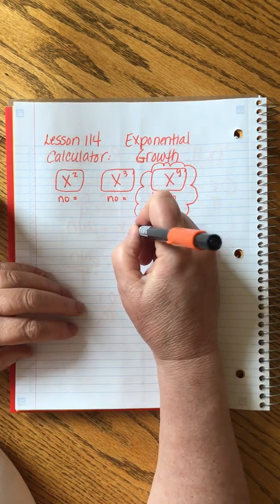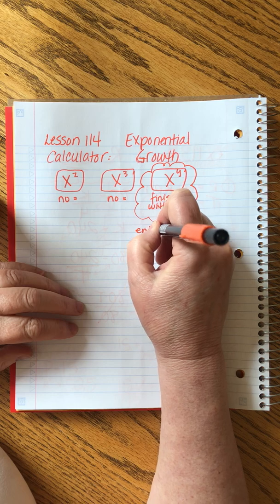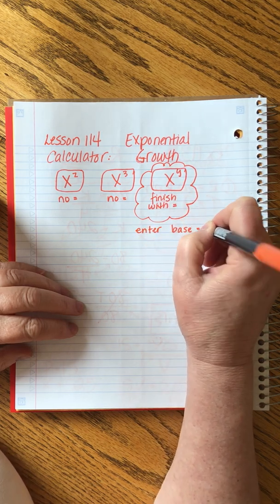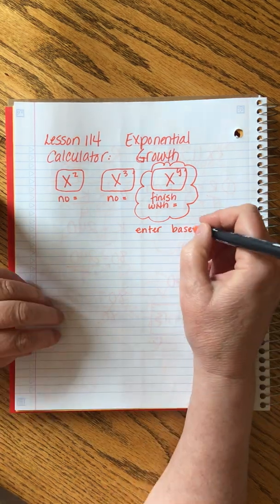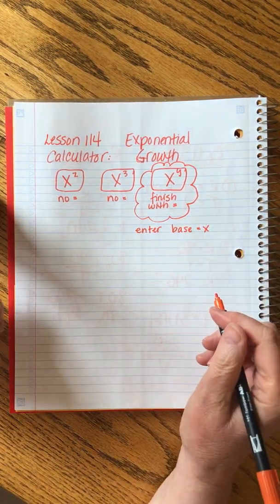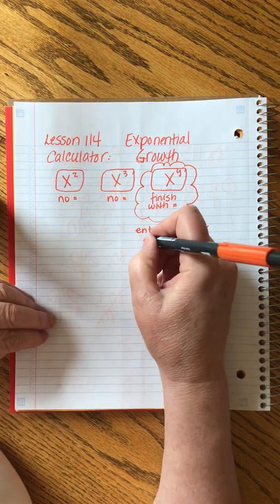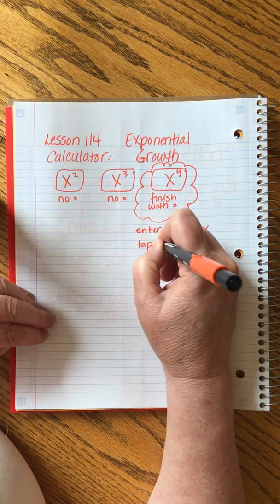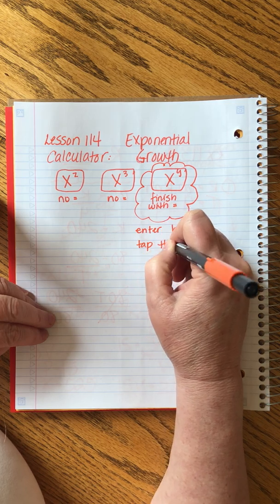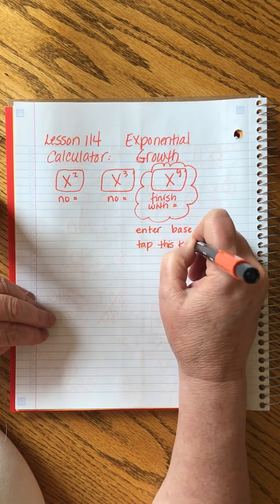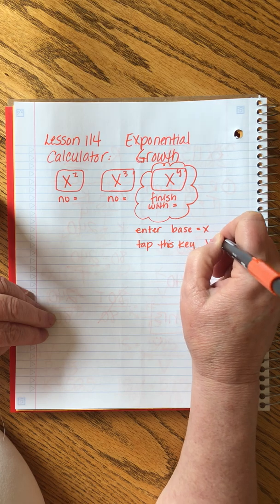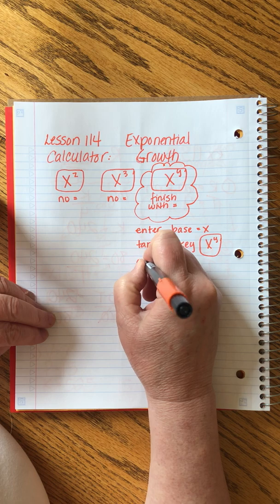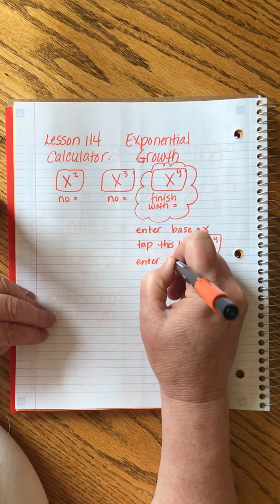You enter the base number, which is equal to x. You don't have to say equal to x, but you just put in the base number, right? And we're gonna do it in just a minute. Then you tap this key, the XY key, then you enter the exponent you want.